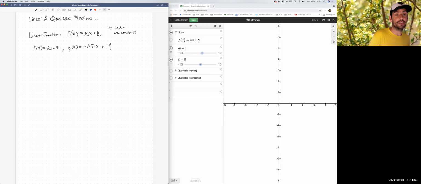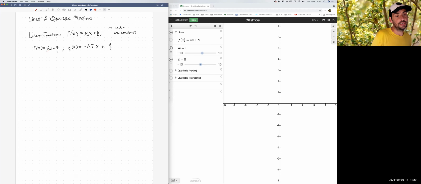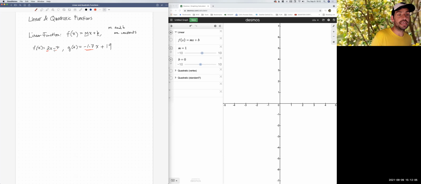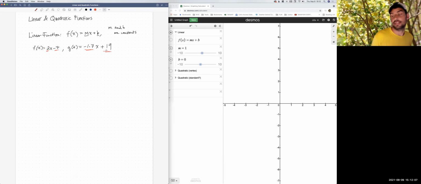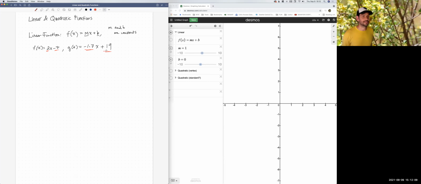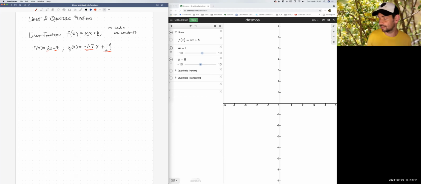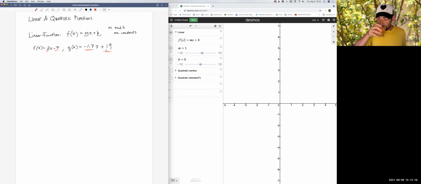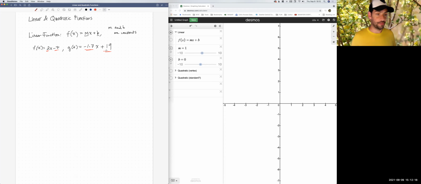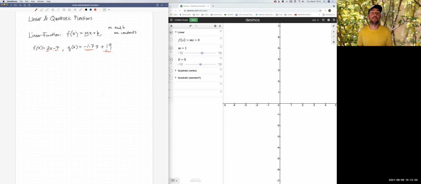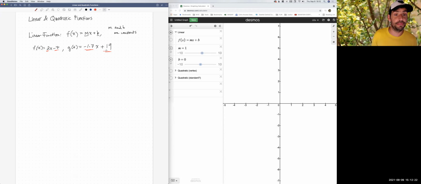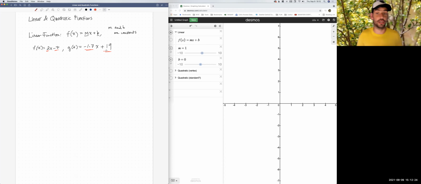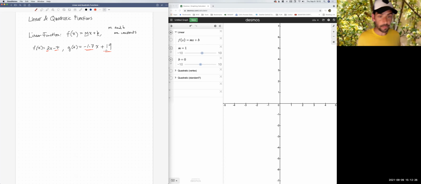They both have a constant in front of x, and they both have a constant added or subtracted. I like to think of it as just added, and one's adding a negative. So these are both linear functions, and the m and the b tell us which particular one we're looking at.